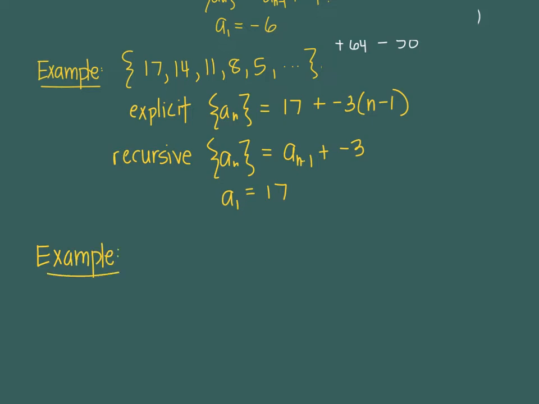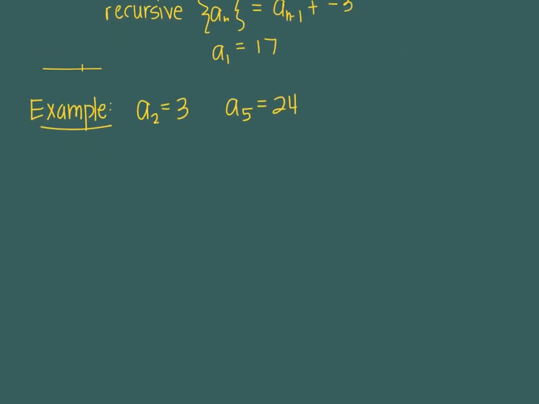All right, suppose that you know that the second term in the sequence is 3, and if you jump ahead to the fifth term in the sequence, it's 24. And you're asked to fill in the gaps of what the sequence would be. So this one's a little trickier.